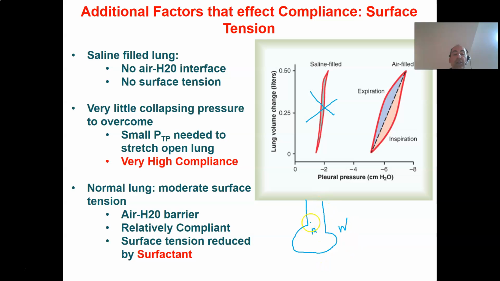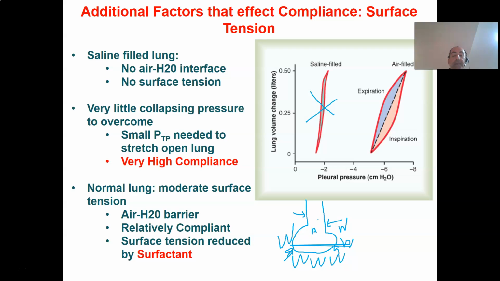There's surface tension on an alveolus. The water molecules want to be close to each other. And because they want to be close to each other, they essentially compress the bronchial and they compress the alveoli. And that could potentially cause the alveolus and the bronchial to collapse.